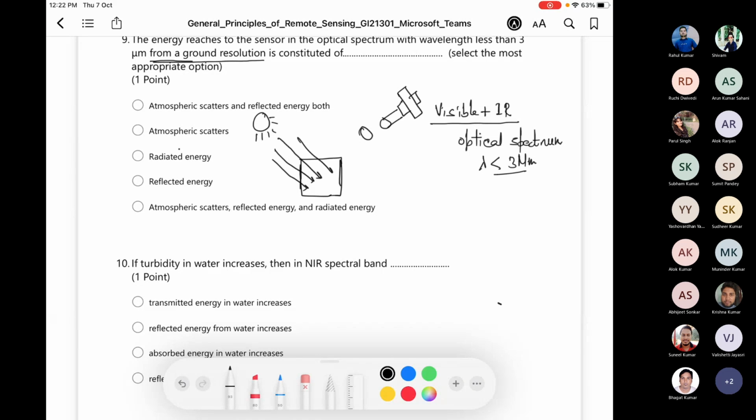There is a mirror. This energy passes through the mirror and then further interacts with the CCD, charge coupled device, which we'll discuss later. So there is an upwelling radiance. We call it upwelling radiance. And finally it reaches the sensor.